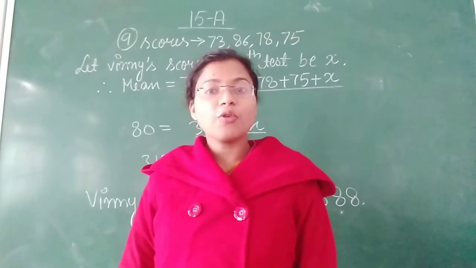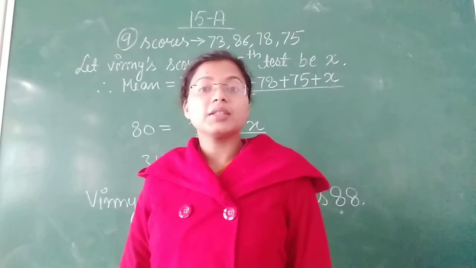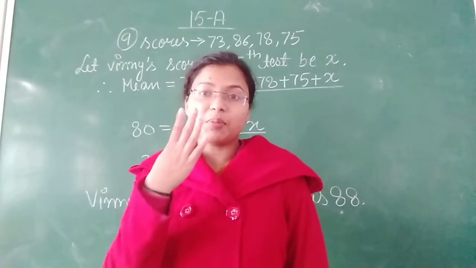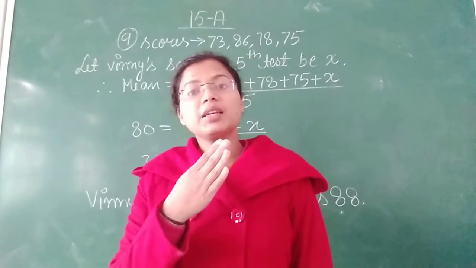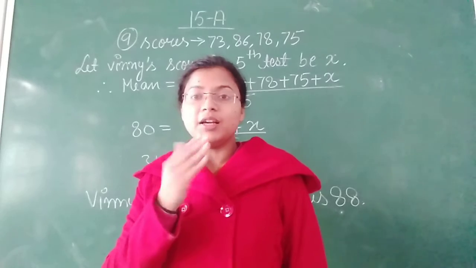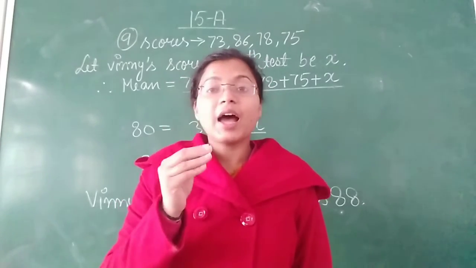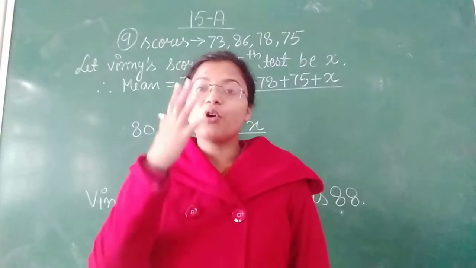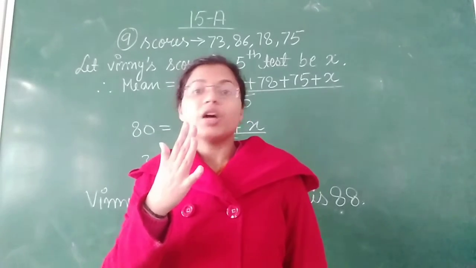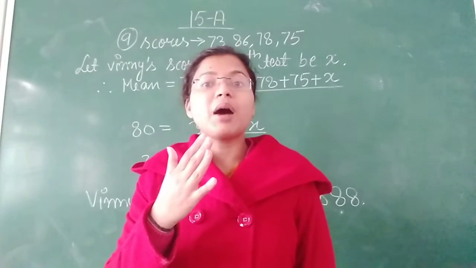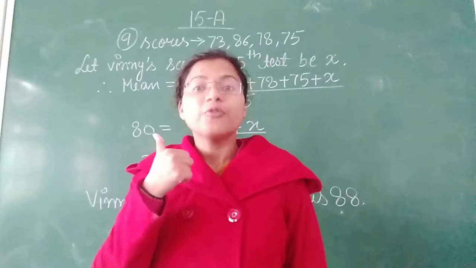The marks of Vinny for only 4 tests are given, and the mean is given for the 5 tests. So we do not know the marks of Vinny in the 5th test.